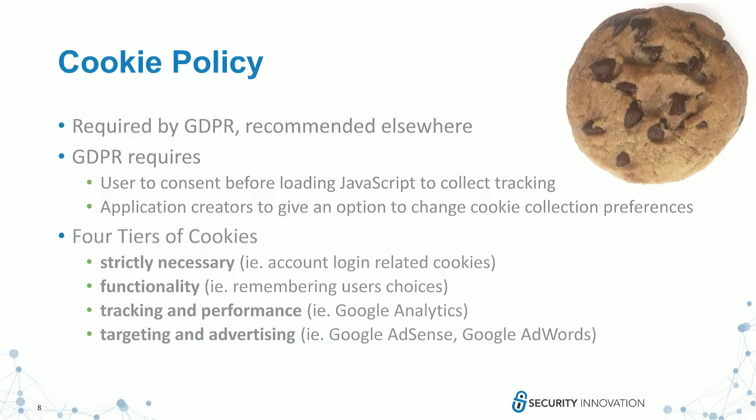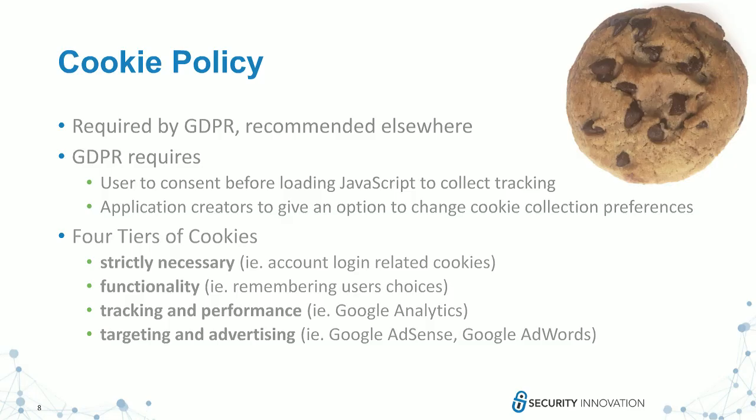the data collection practices. And as part of GDPR, we have 4 tiers of cookies. Here, strictly necessary, only for functionality, so remembering users' choices; tracking and performance, which is basically the Google Analytics that we often see applications using to send data to Google to analyze who's using their web application, for how long, and from what location.